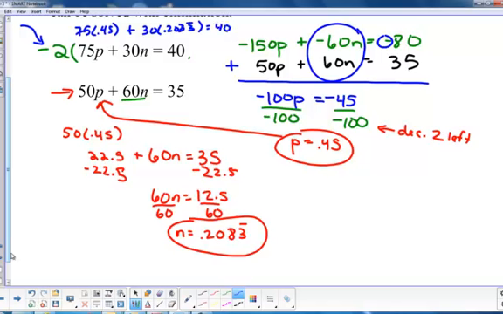And 30 times 0.2083 repeating is 6.25. 75 times 0.45 is 33.75, so it does check out. That's our right answer: 0.45 and 0.2083 repeating.